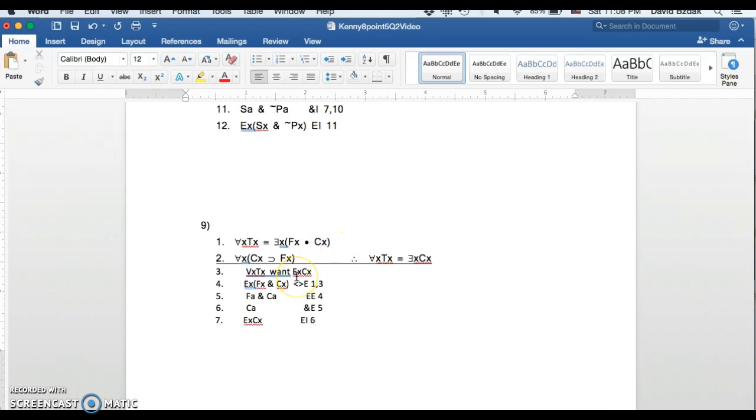And that was what we wanted. So our first subderivation is all x TX conditional some x CX by conditional introduction 3 through 7. Okay, since it's a biconditional, we have to get the other one too. So we indent again. This time we assume some x CX, and we want all x TX.